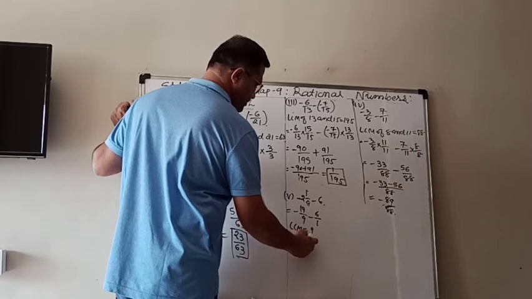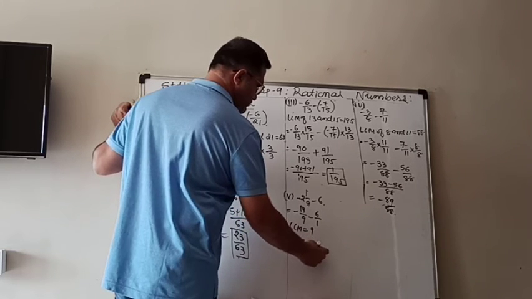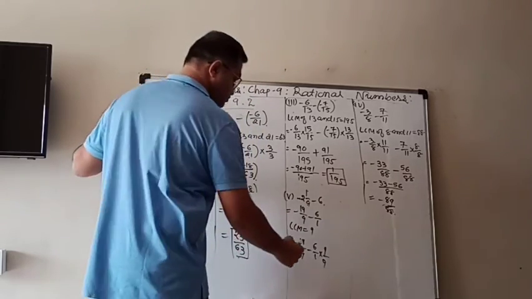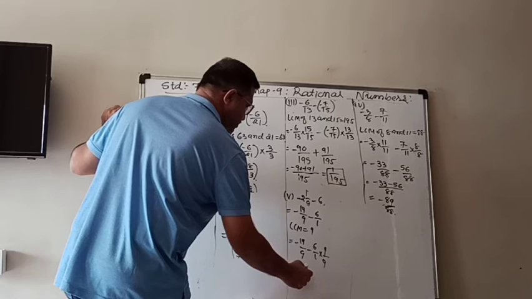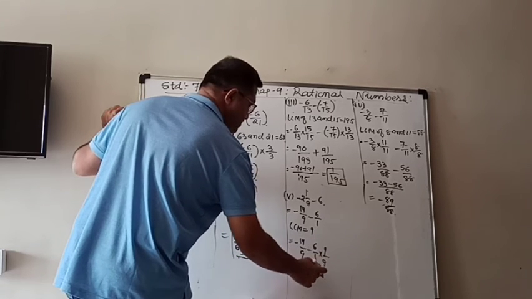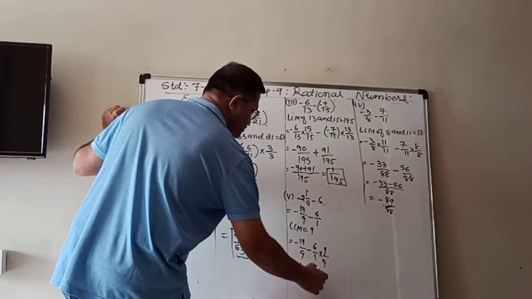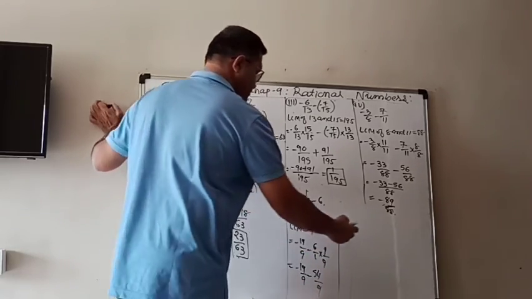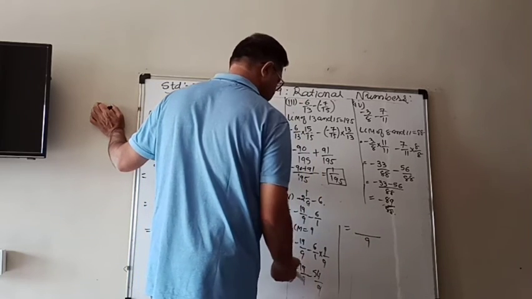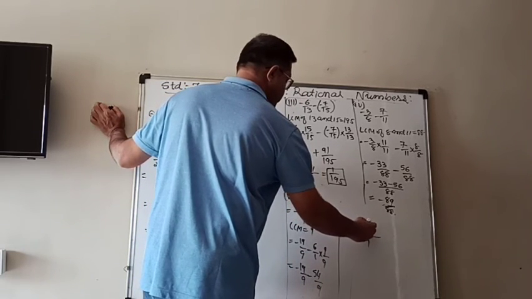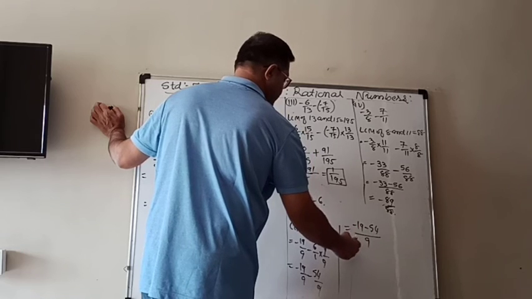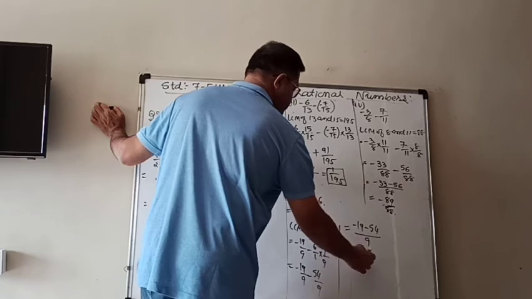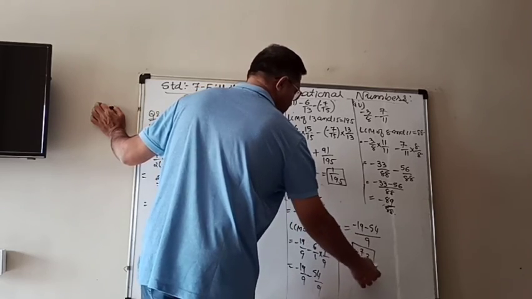So minus 19 upon 9 minus, this one we have to multiply with 9 upon 9. So minus 19 upon 9 minus 6 9s are 54 upon 9. The common denominator is 9. So minus 19 minus 54, so it is minus 73 upon 9.